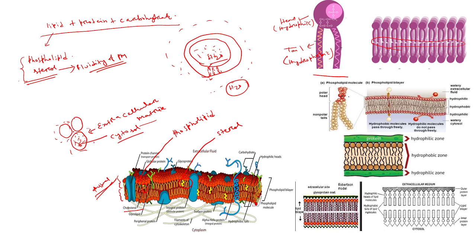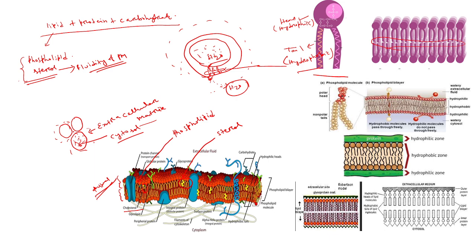So that's why the head part is hydrophilic, so that it can interact with the water molecule. The hydrophilic always want to interact with the water molecule. And what is the hydrophobic? They always want to stay away from the water molecule. So that's why in the middle part the hydrophobic tail part is present. At the outer side or the inner side, the head part is present so that it can interact with the water molecule.